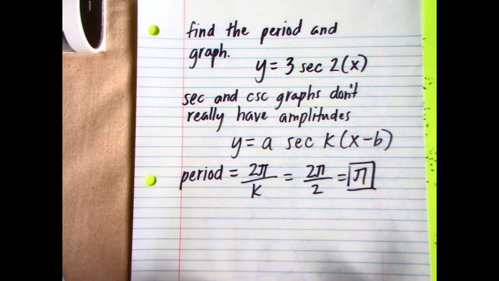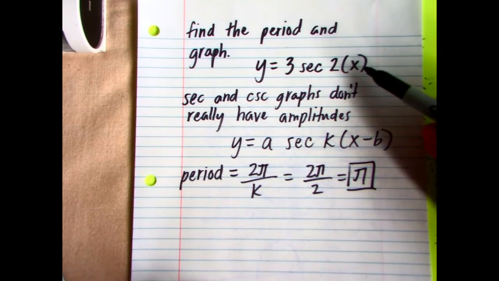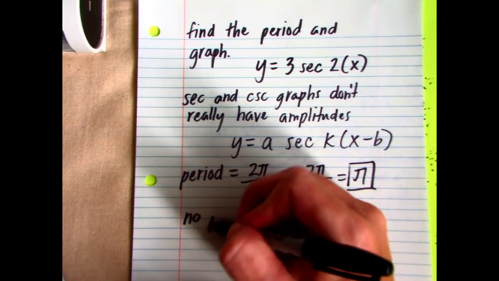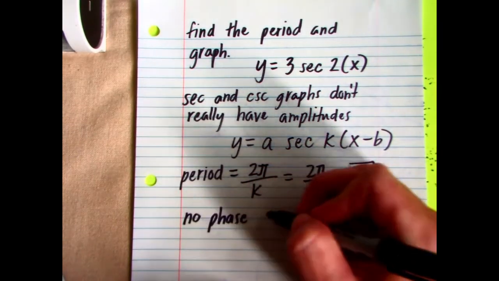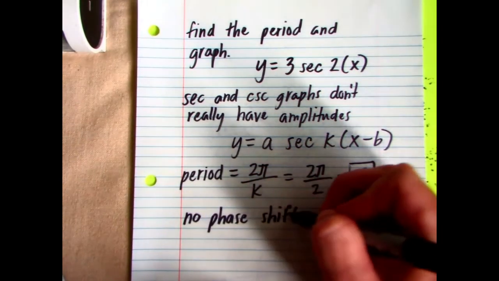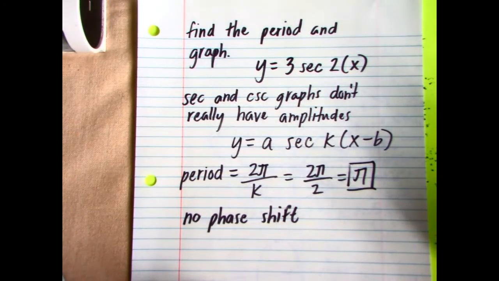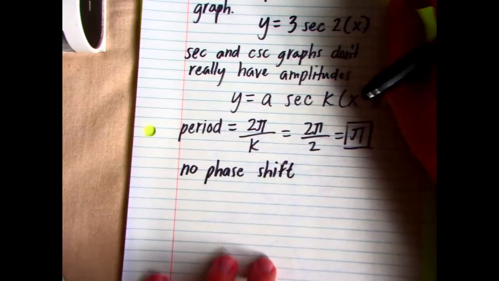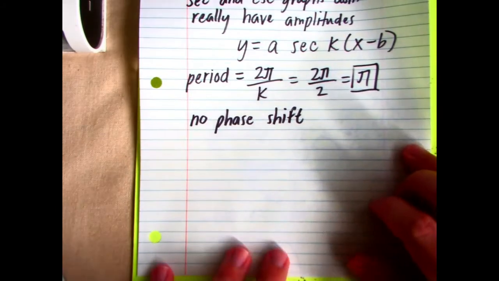That's how long it takes to make one full wave, not just for cosine, but for secant as well. Based on my example, there really is no phase shift. It's just x in the parentheses, so we're not going to do any kind of shift left or right.